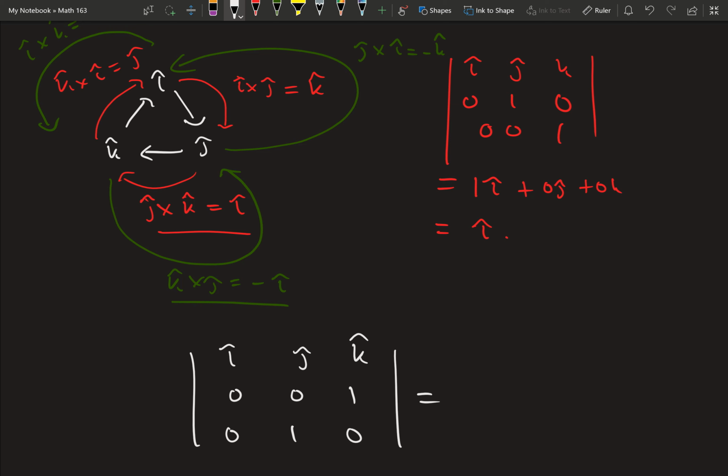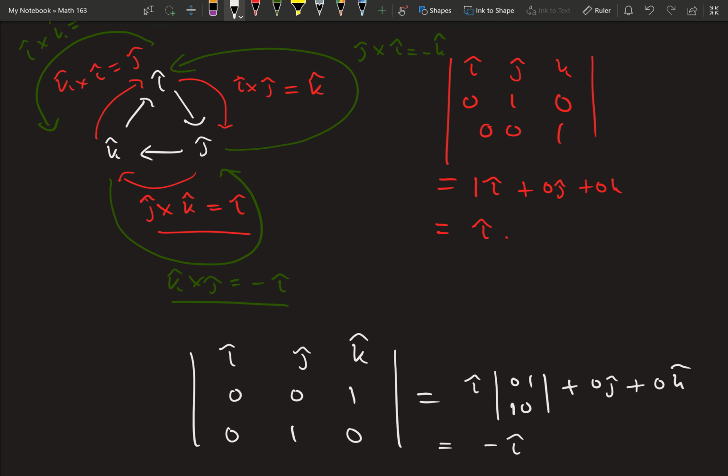And notice here in the ith component, we get 0 times 0 minus 1 times 1, which is negative 1. And then plus 0j. You can see in the jth component you'll get 0. Kth component you get 0, and this is minus i.